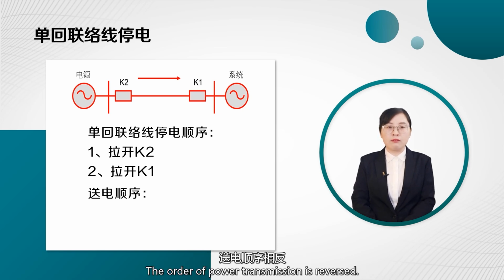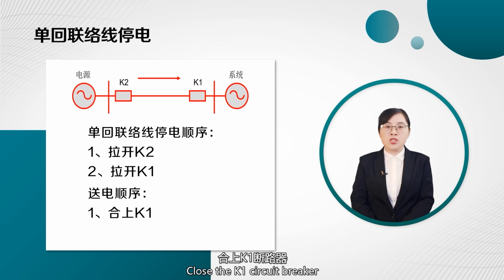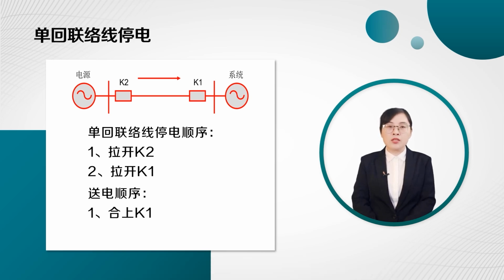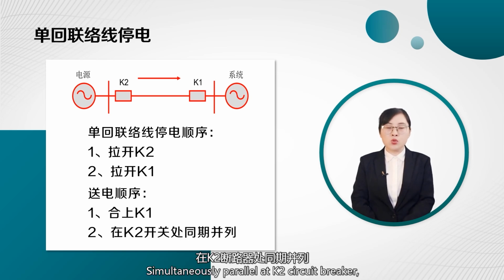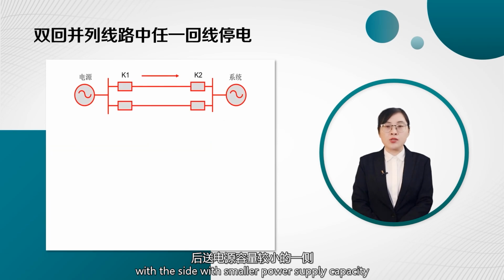The order of power transmission is reversed. Step 1. Close the K1 circuit breaker and transmit power to the side with the larger capacity first. Step 2. Simultaneously parallel at the K2 circuit breaker with the side with a smaller power supply capacity being transmitted power.